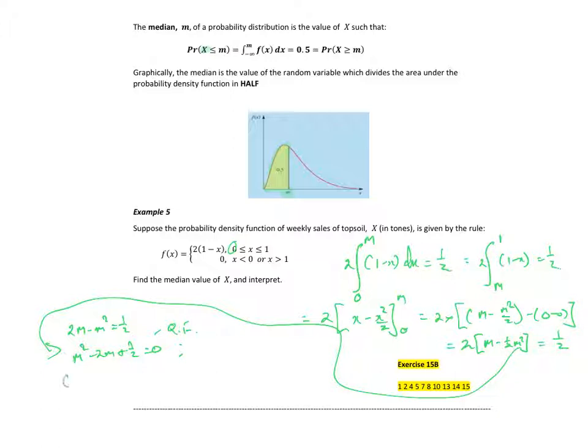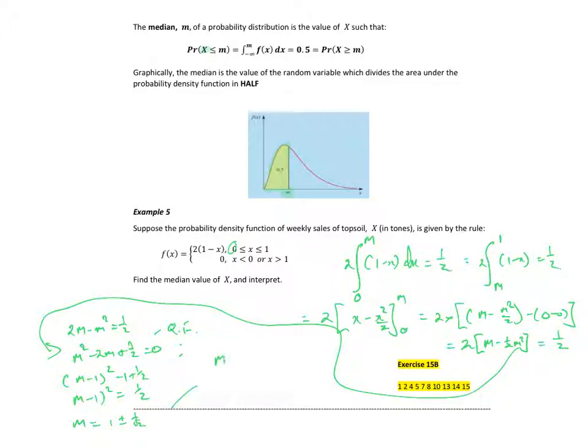There's a range of different things we could do here. It's just as easy for me to write that as m minus 1 all squared plus 1 minus 1 plus a half. So it's m minus 1 all squared is equal to a half. m equals 1 plus or minus 1 on root 2. So we'll find those two possible solutions.